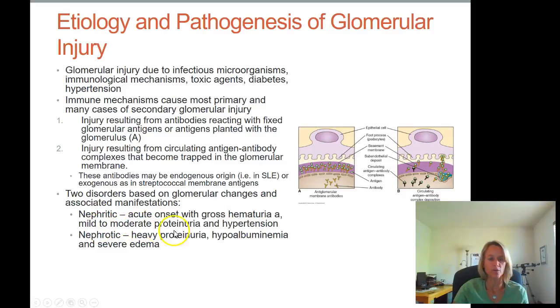Mild to moderate proteinuria and hypertension. Nephrotic syndrome, we have heavy proteinuria, so lots of protein. Low albumin in the blood with severe edema. Let's take a look at this next.